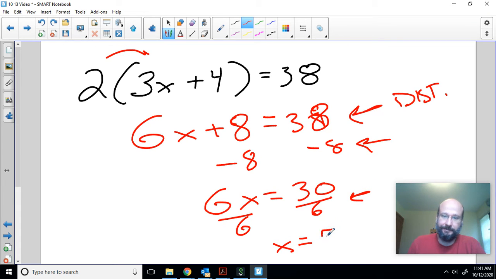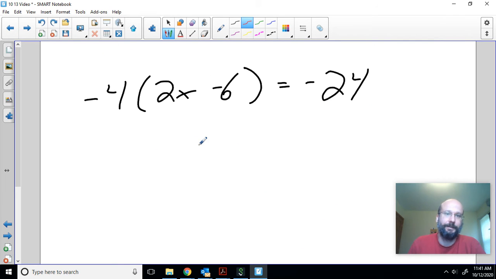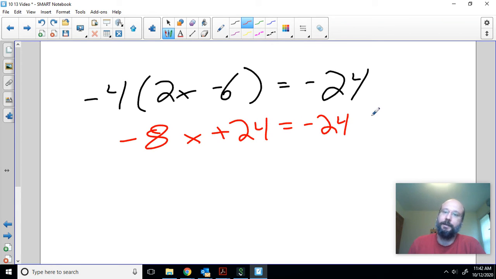X equals the multiply. What's this property called that I just did? What's our next step?